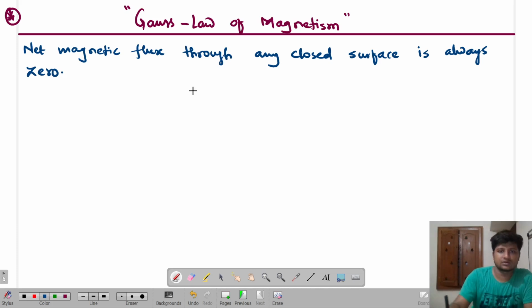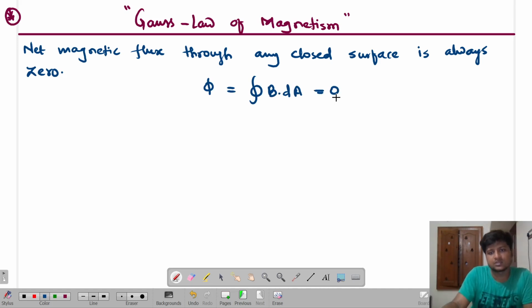So therefore phi, when I define, which is integral B dot dA, is always zero. Because what actually exists? Ampere circuital law exists. That is why B dot dl exists. Are you able to get me or not?